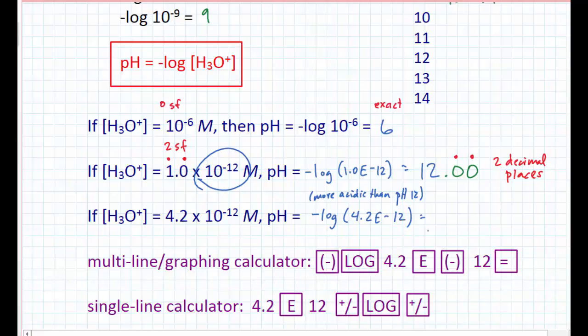If you have a 2-line calculator or a graphing calculator, you're just going to enter exactly that. Make sure you use the negative sign, not the subtract, log 4.2, and then make sure to use the E or EE or EXP if you have it for entering the power of 10. Let me show you on my camera over here.